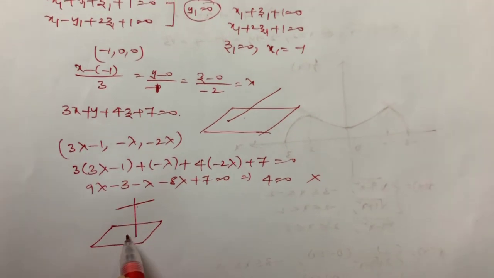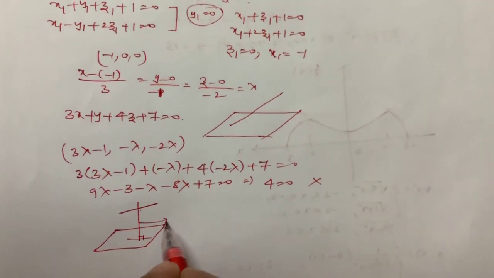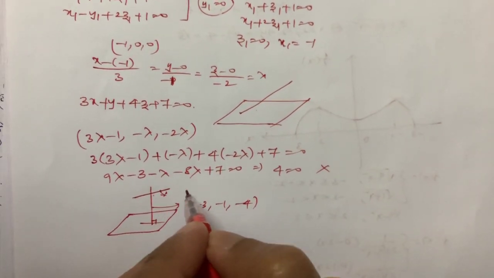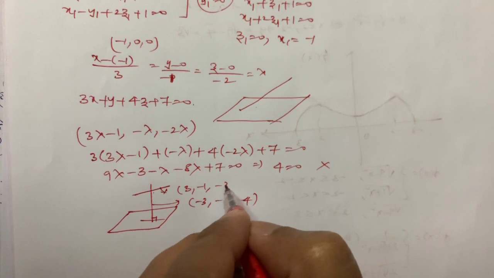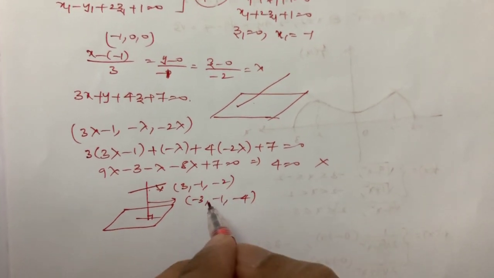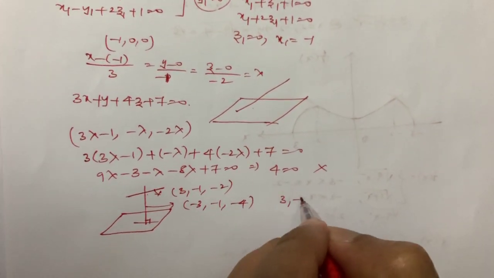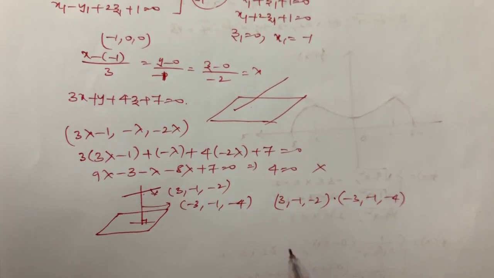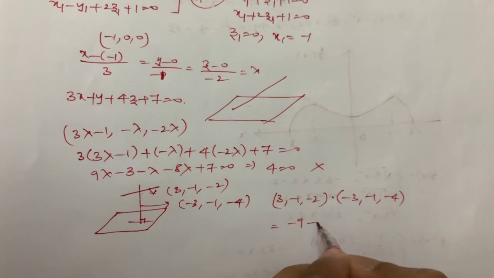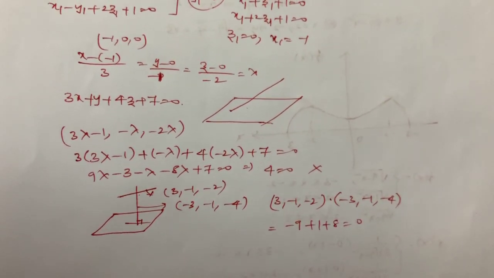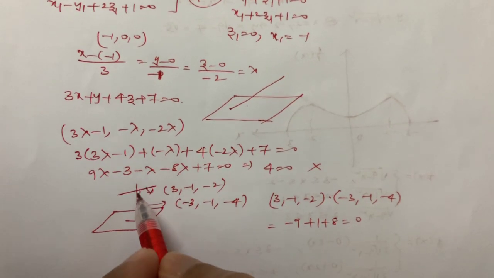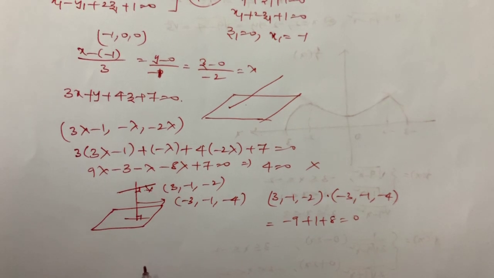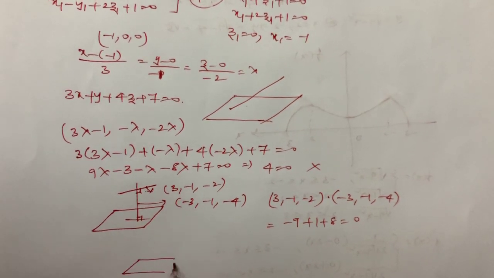The DRs of the normal to the plane are (-3, -1, -4) and the DRs of the line are (3, -1, -2). Doing the dot product of these two: -9 + 1 + 8 = 0. So both of them are perpendicular to each other, which means the line is parallel to the plane.